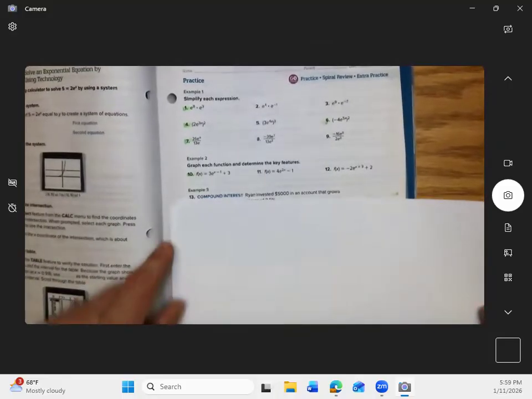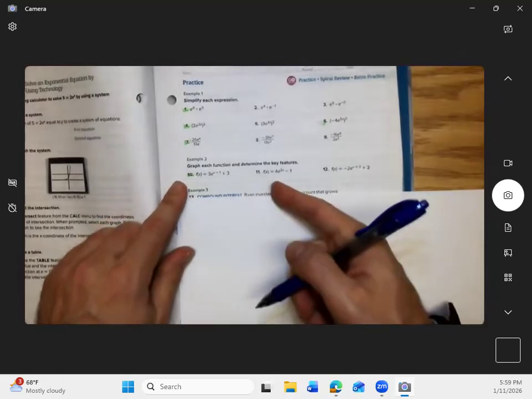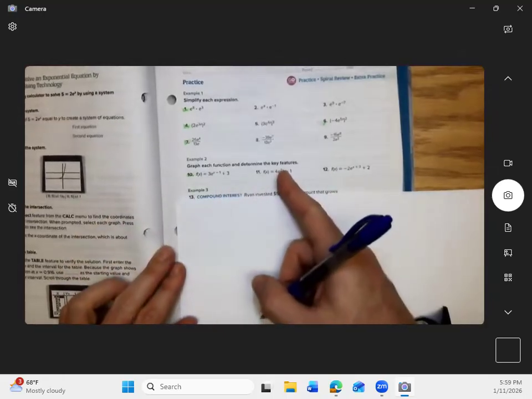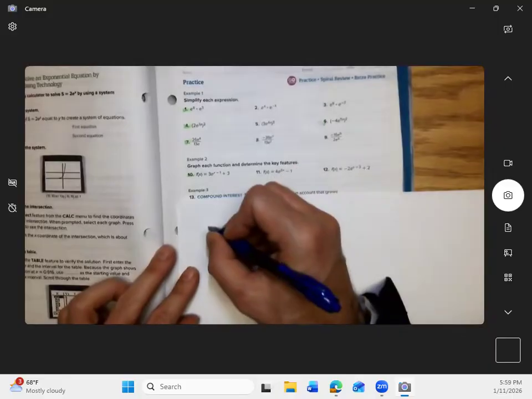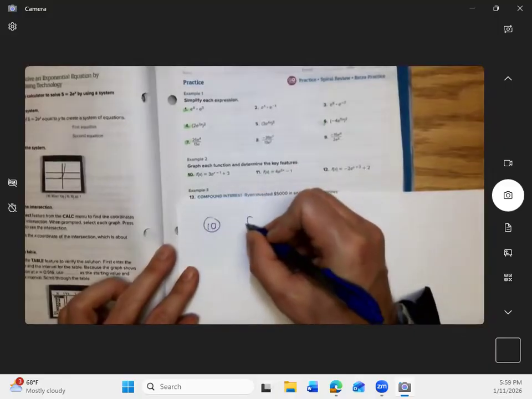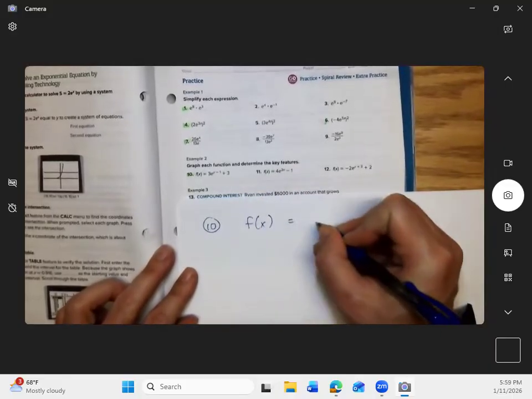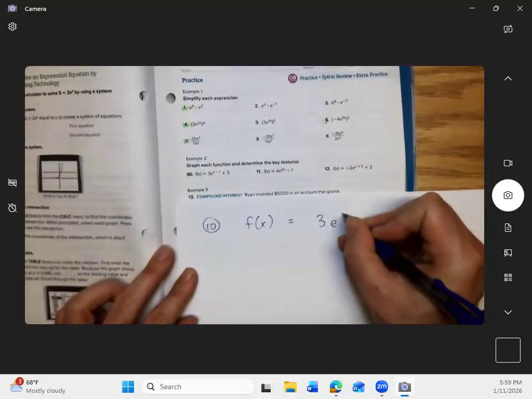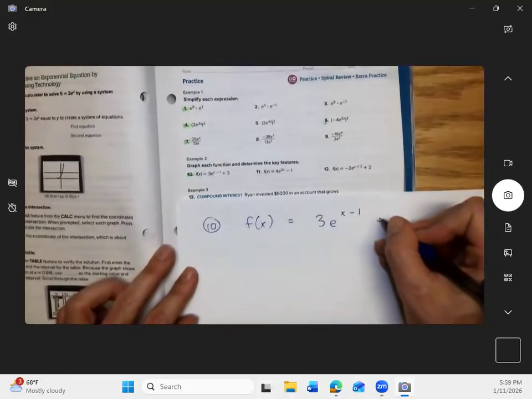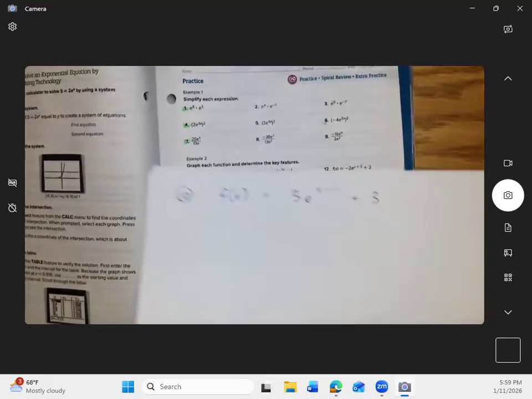Number 10. Graph the function, determine key features. Key features, I'm thinking, usually intercepts and asymptotes, but let's see what this looks like. f(x) equals 3e^(x-1), and then all plus 2. Okay, we're doing translation rules here.